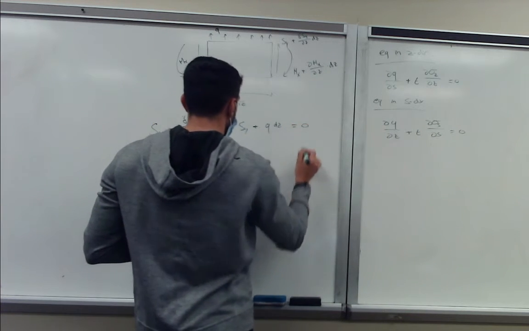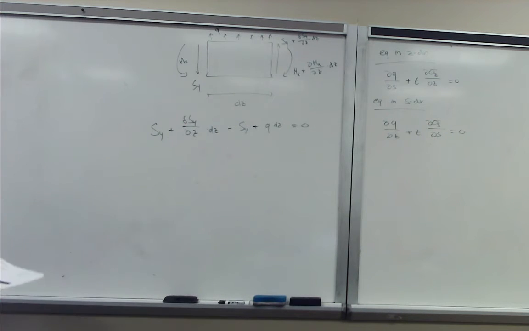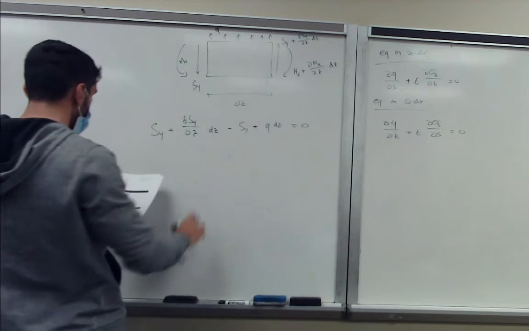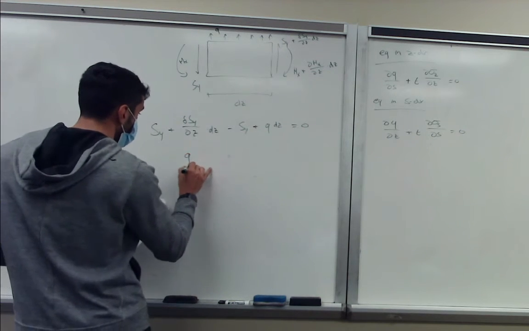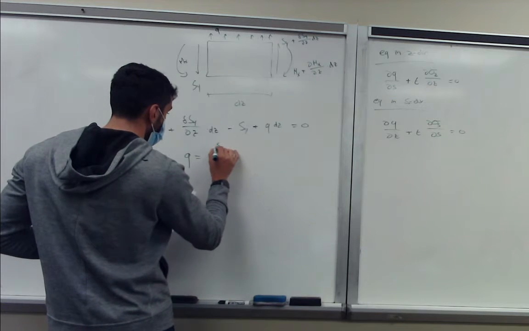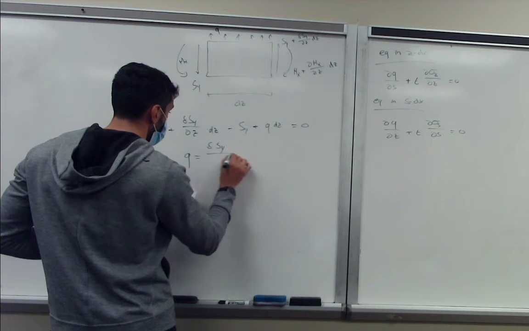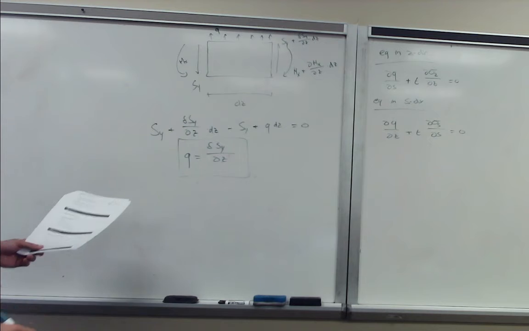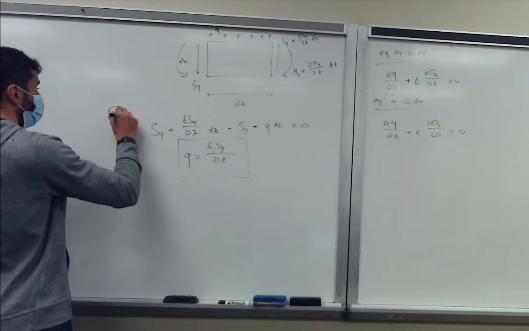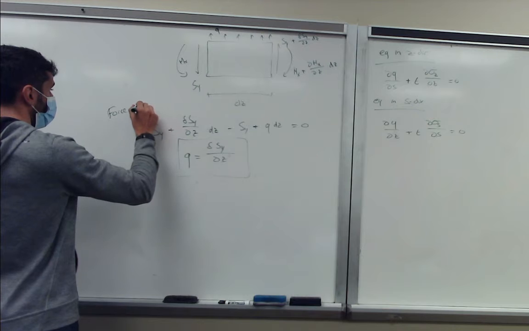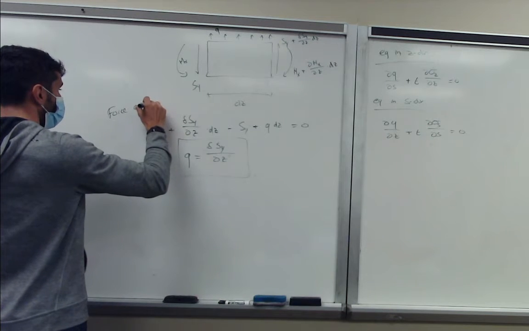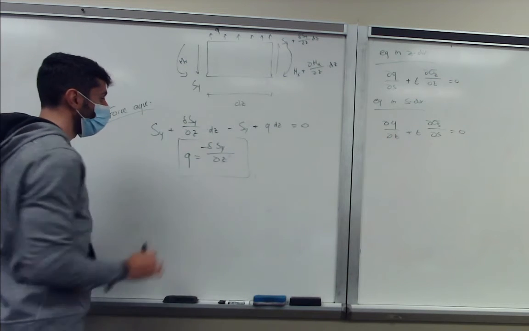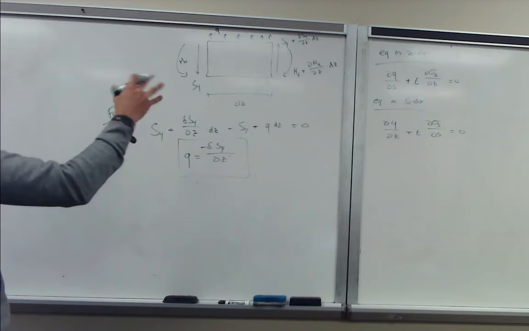It's equal to 0. First of all, these two terms cancel, the dz's cancel out, and then we get that Q is equal to the variation of our shear force with respect to z. This is force equilibrium. Should that be negative? Yes, it should be negative. And now we can do the same thing, but for the moments.